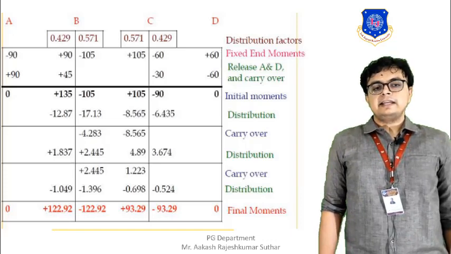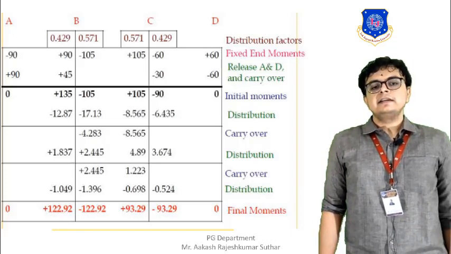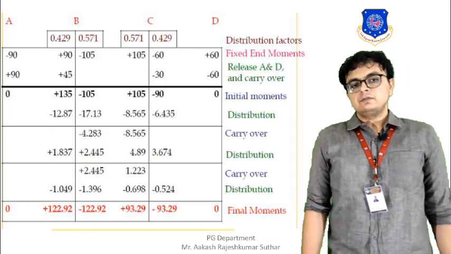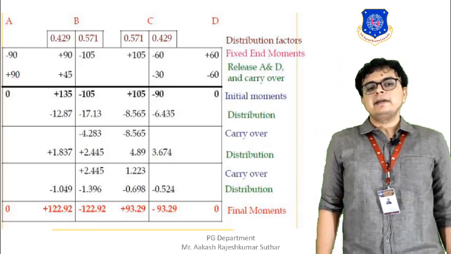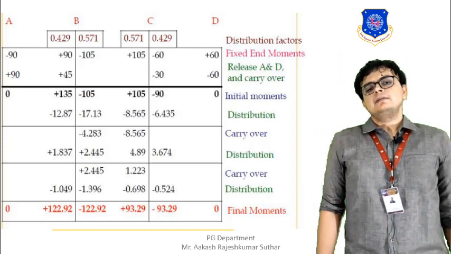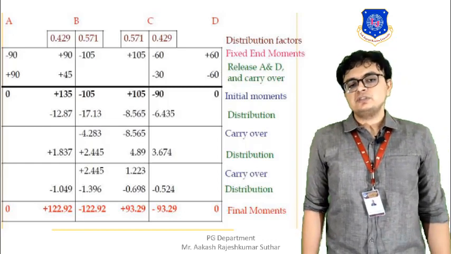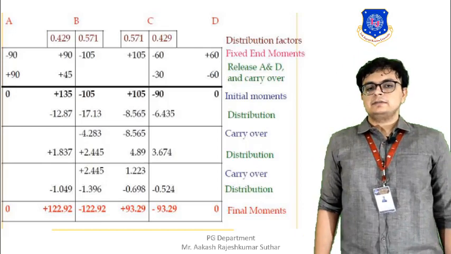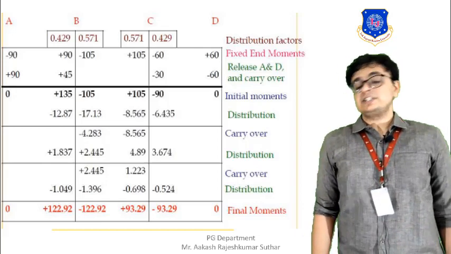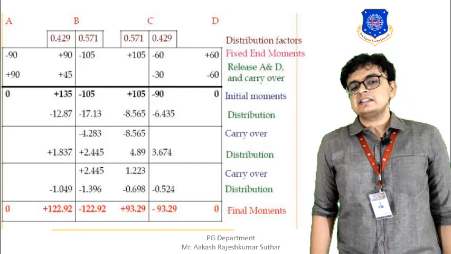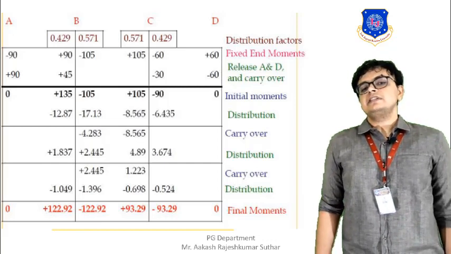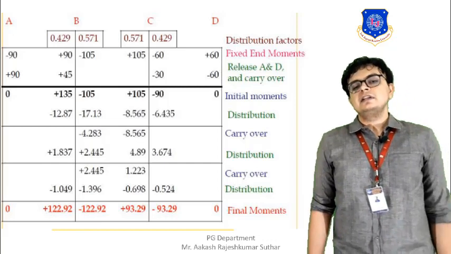For member BA, we have plus 90 kilonewton meter fixed end moment. For member BC, we have minus 105 kilonewton meter. For CB, we have plus 105. Talking about the CD span, we have minus 60 fixed end moment, and for the DC span, we have plus 60 kilonewton meter.